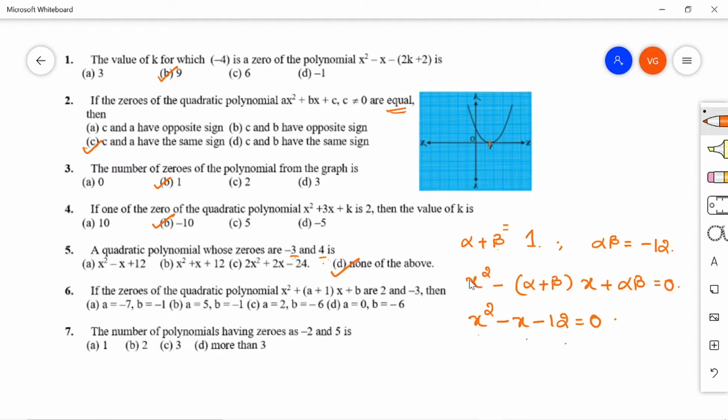See here, suppose option D is 2x square minus 2x minus 24 is equal to 0, then select option D. If you multiply this whole equation by 2, or any other multiple, the equation will still hold good, right? The whole thing can be multiplied by any number and the answer will still be correct. So you have to be careful while choosing the answer here.